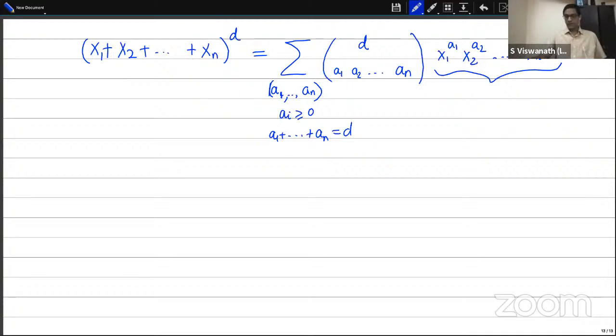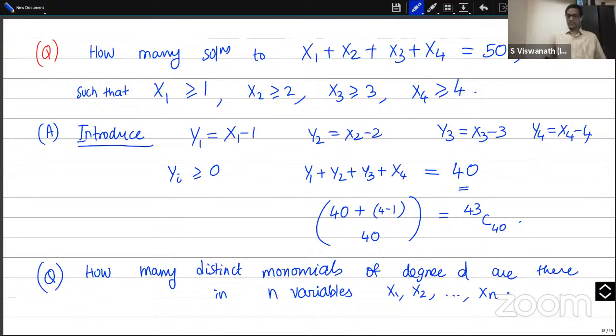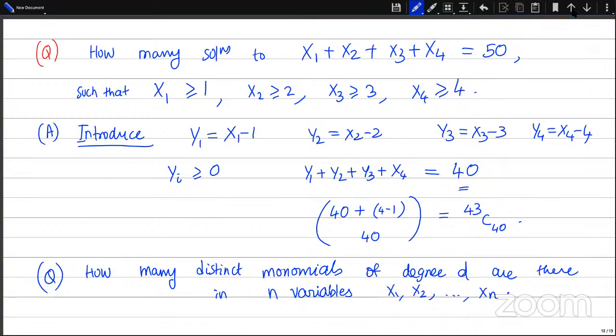But the question I'm asking is not about the coefficients now. I want to ask, how many different monomials will there be in this sum? When you expand this out fully, how many different possible monomials will you get? So that's the question: how many distinct monomials of degree d are there, with a1 plus a2 plus ... plus an equal to d?